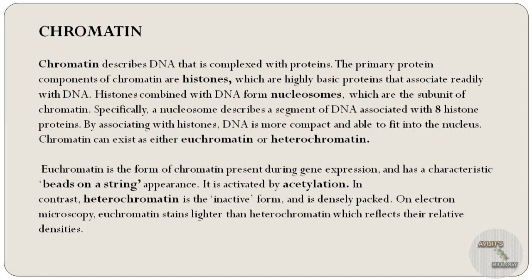The chromatin describes DNA that is complexed with proteins. The primary protein components of chromatin are histones, which are highly basic proteins that associate readily with DNA. And these histones combined with DNA form nucleosomes, which are the subunit of chromatin.